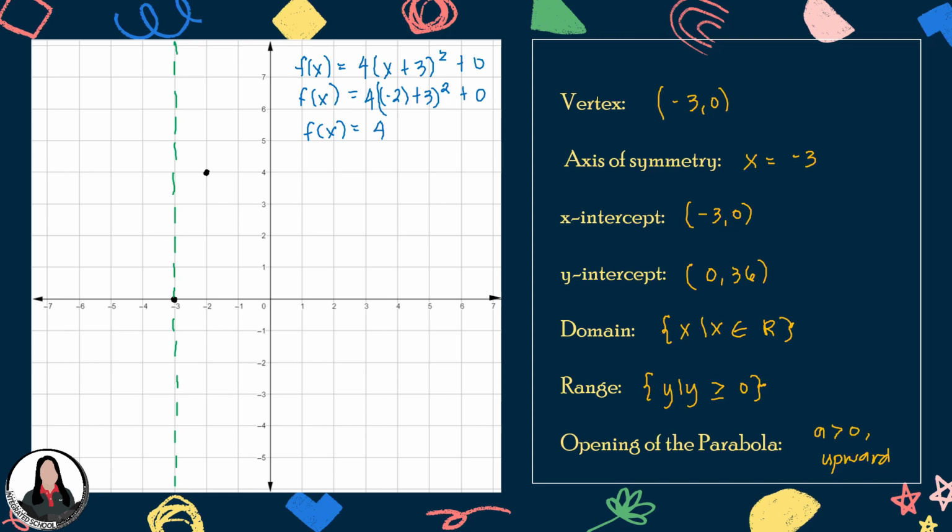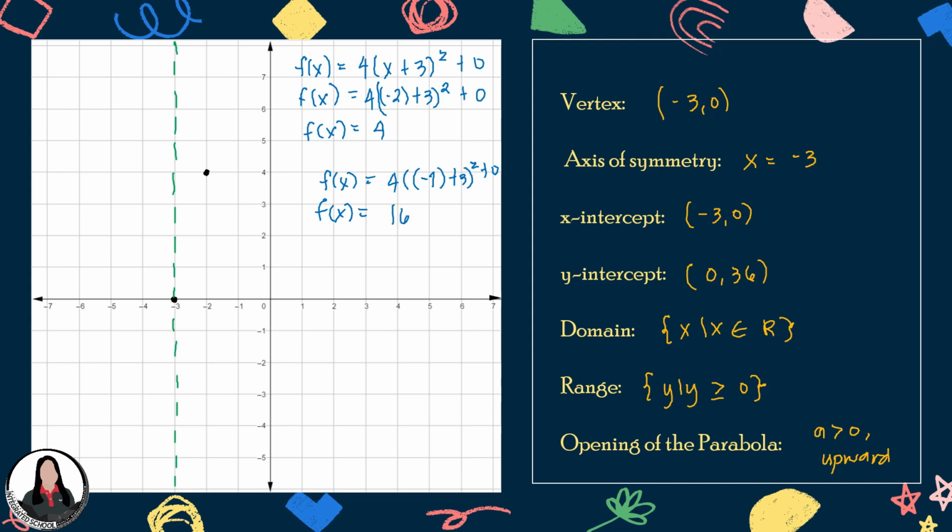Again, kuha ulit ako ng isa pang point. Gagamit ako ng negative 1 para naman makuha ko po yung isa pang point. So, f of x equals 4 times negative 1 plus 3 squared plus 0. Okay, so f of x equals negative 1 plus 3, that's 2, squared is 4, times 4 is 16 plus 0, so that's 16.